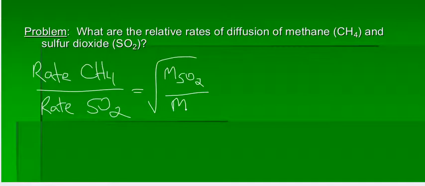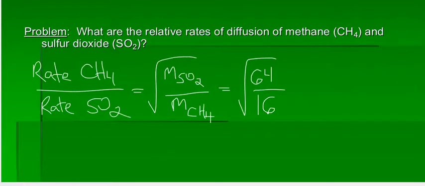Because they're inversely proportional, CH4 goes in the denominator. We're going to plug in those molar masses. SO2 has a molar mass of 64 grams per mole. CH4 has a molar mass of 16. 64 over 16, square root, comes out to 2.